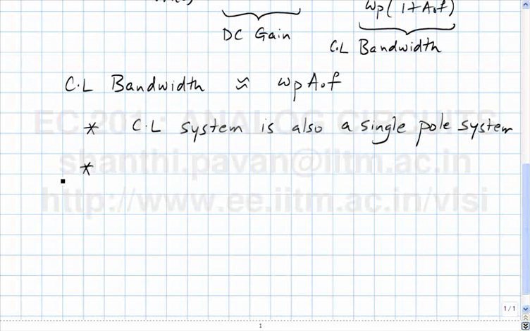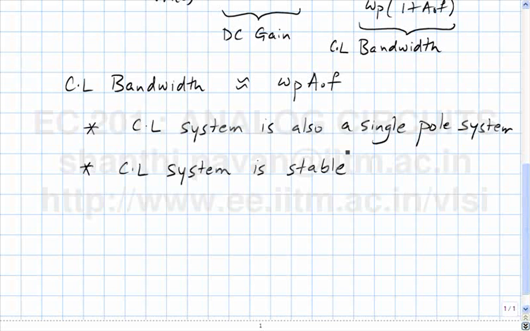If you have a linear system, when is a linear system stable? When the poles are all in the left half S plane. So are the poles of the closed loop system in the left half S plane or in the right half S plane? They are all in the left half S plane. So the closed loop system is stable.